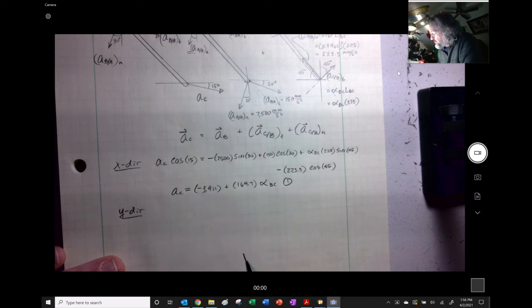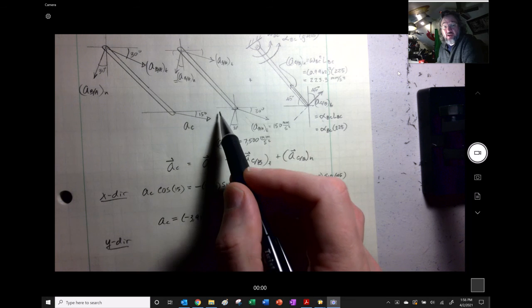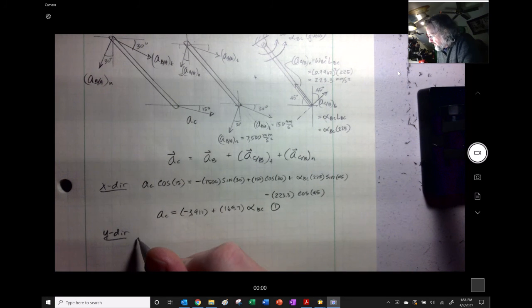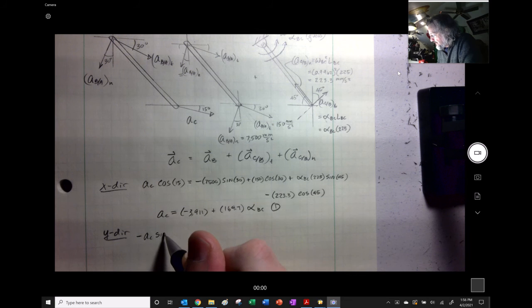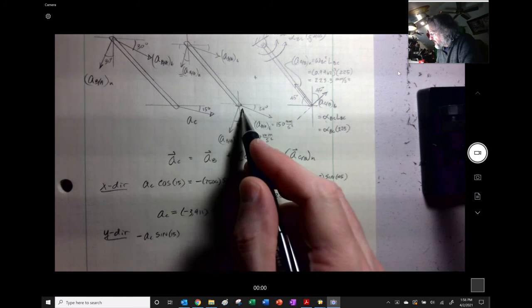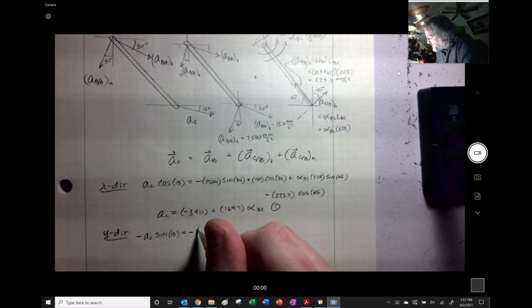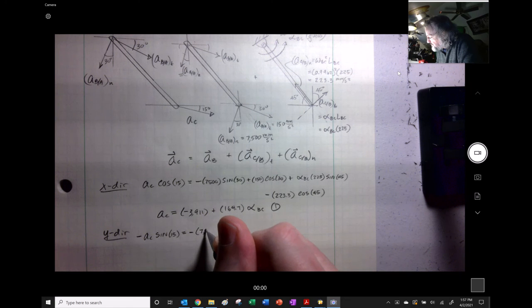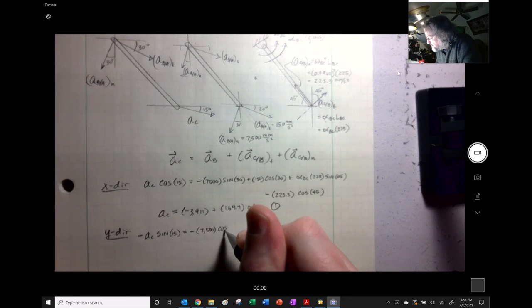So in the Y direction, go back up to this diagram, looking right here, and I have a negative AC sine of 15 right here. Come back over to here, and I have a negative 7,500 cosine of 30.